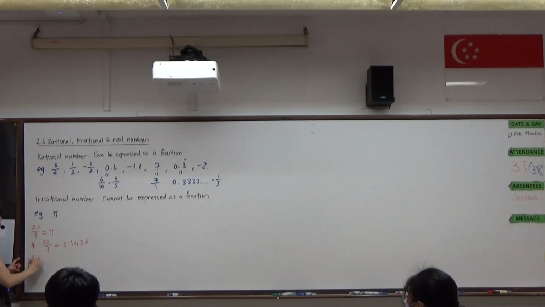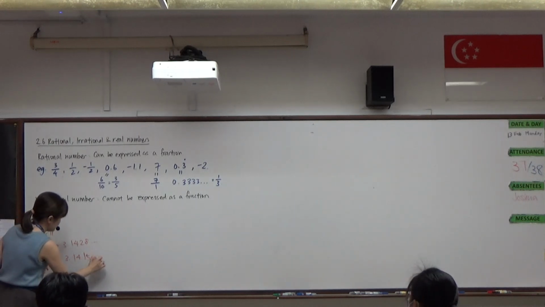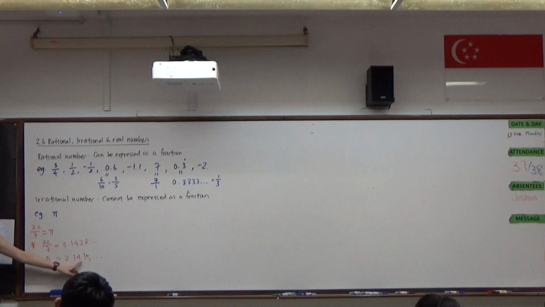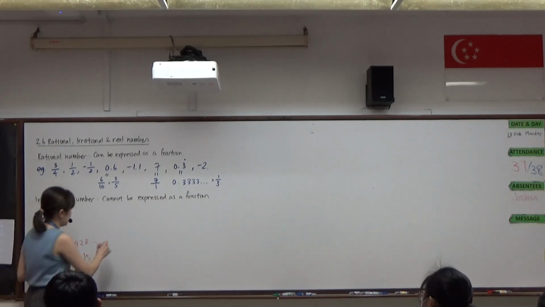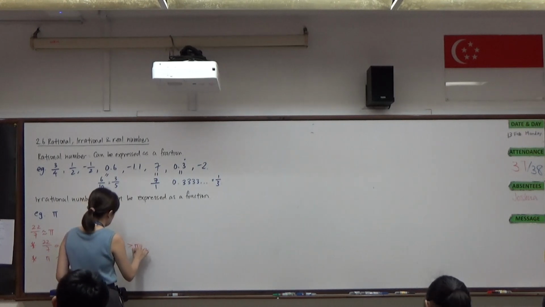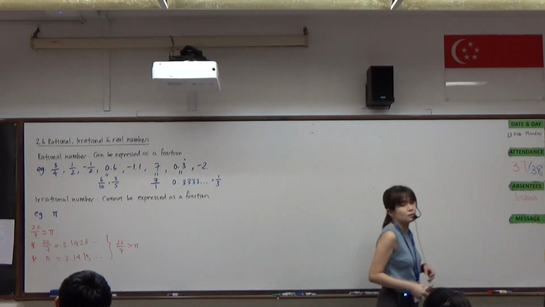What about pi? 3.1415 and so on. The digits are actually different already. So in fact, 22 over 7 is more than pi. We need to be clear that they are actually not equal.